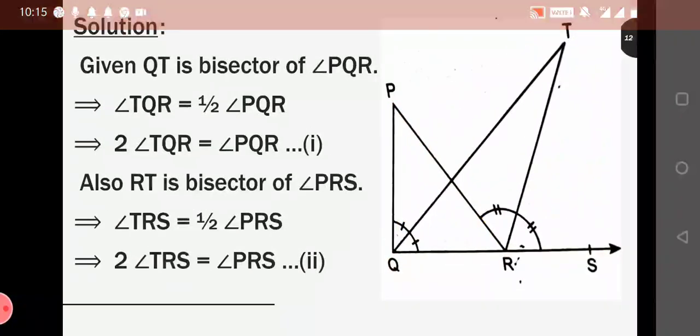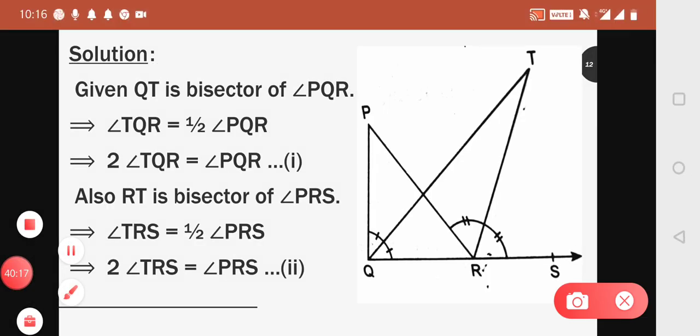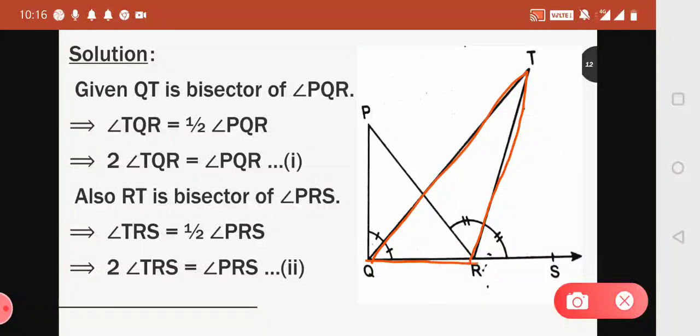Further, again we will select another triangle. This triangle we will select for the second time, that is triangle QTR. Again when we select this triangle, we get angle TRS as exterior angle. So we will write angle TRS is nothing but angle TQR plus angle QTR.